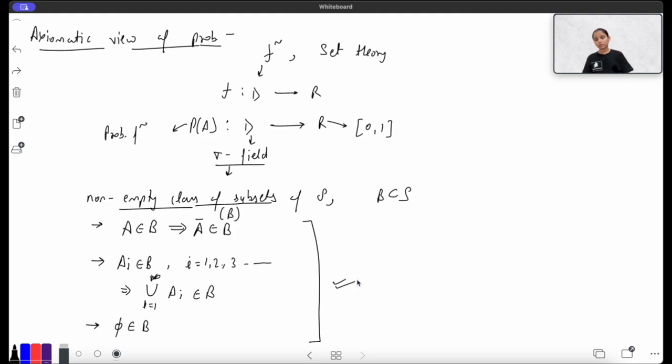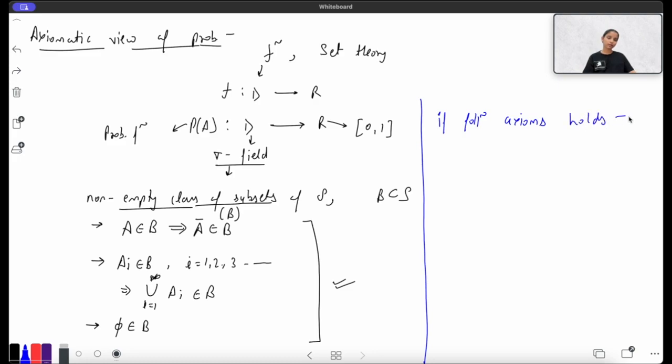So in the axiomatic view of probability, we have a probability function defined on the domain sigma field and the range 0 to 1. Probability of A is defined under certain conditions and axioms. If the axioms hold, then we can say that probability of A is a probability function.